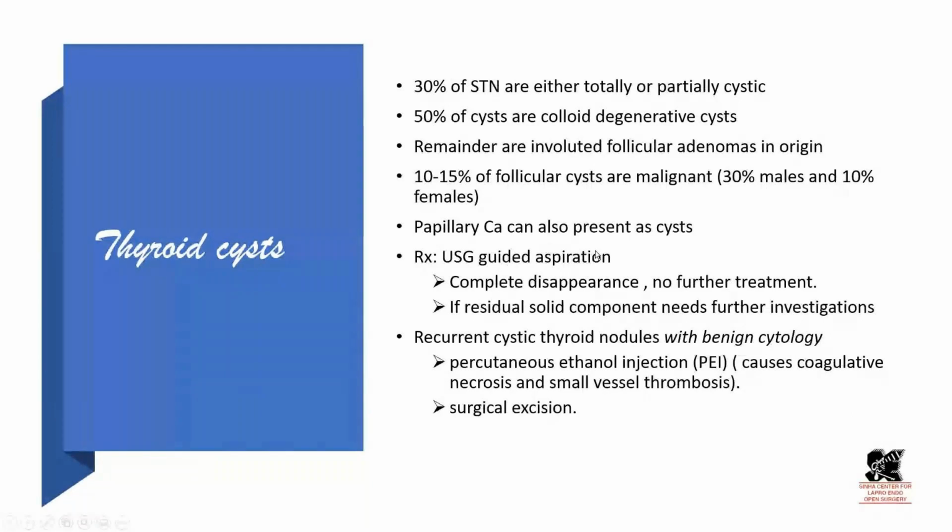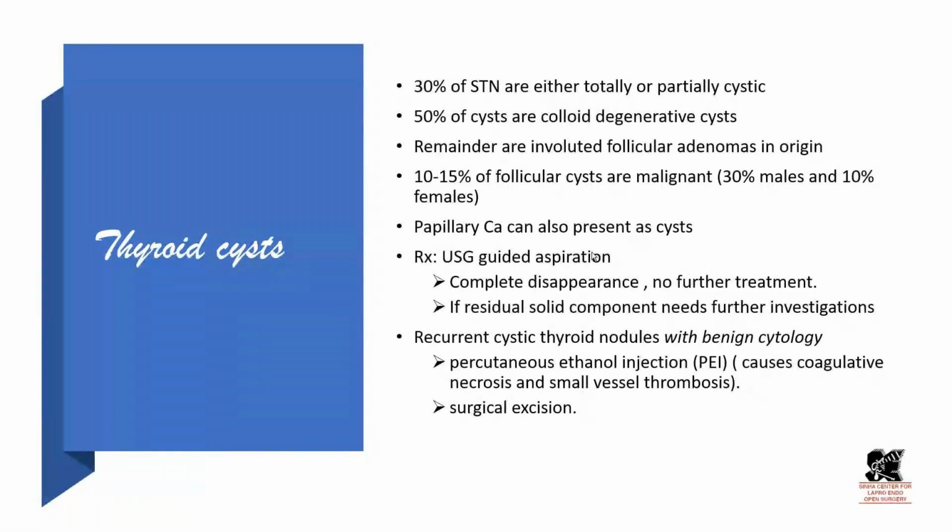And if you have a cyst, once you have determined it is benign, the best treatment is just an ultrasound guided aspiration. If there is complete disappearance, that means totally cystic, you don't need to do anything else. But once you've aspirated and you find that there's a residual solid component, that is when the alarm bells should start ringing, and that solid component should be properly investigated with FNAC and subsequent workup.